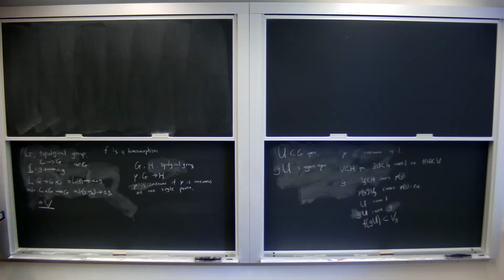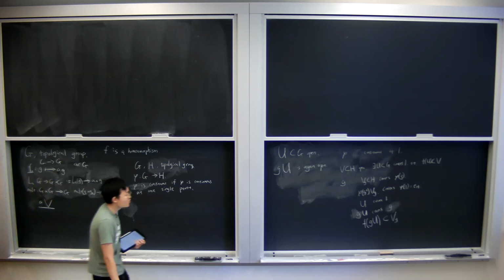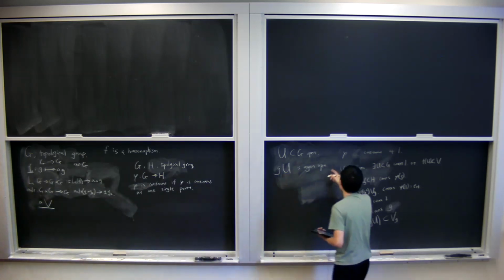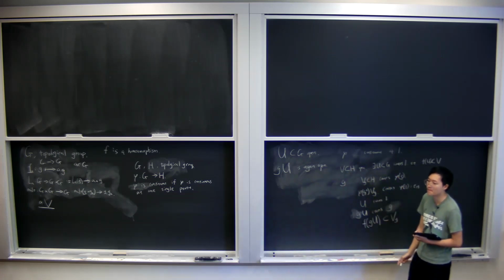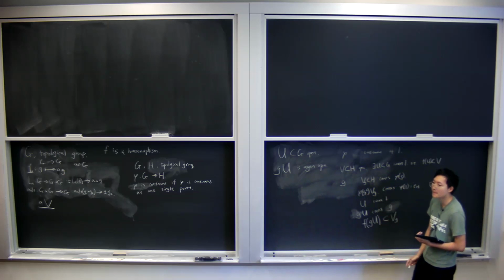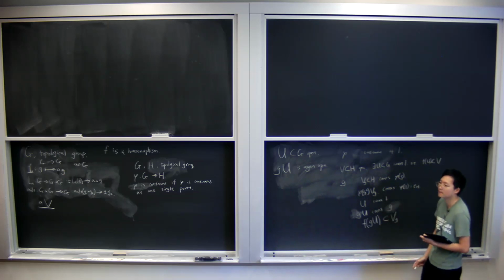Well, what's the original? What's this over here? Oh, this shows that phi is continuous at an arbitrary g that we picked. That shows that if phi is continuous at the identity, then it's continuous at the arbitrary element.